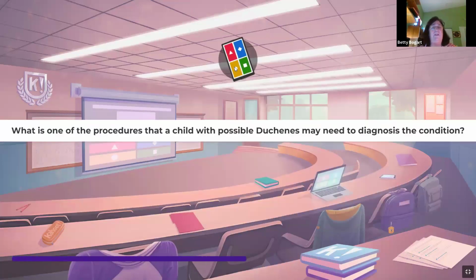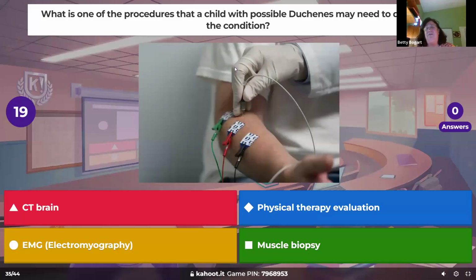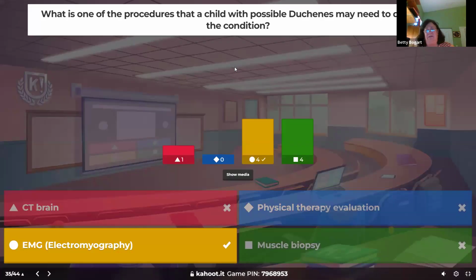What is one of the procedures that a child with possible Duchenne's may need to diagnose this condition? We need to find out, are the muscles working? Are they getting weak? And how would we do that? It's called an EMG. They either use a sticker, sometimes little needles, but usually just those little stickers like you would use to monitor the heart.